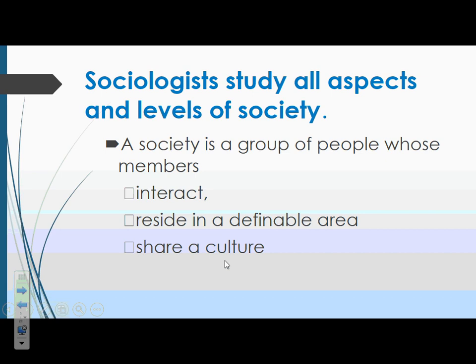Eaton, New Paris, West End. Those are definable areas. And does that mean there are societies within? There's a society of Eaton? Sure, there is. We don't think of it like that. We don't think, oh, I belong to it, but there are differences between Eaton and New Paris and West End. But there's a definable area.